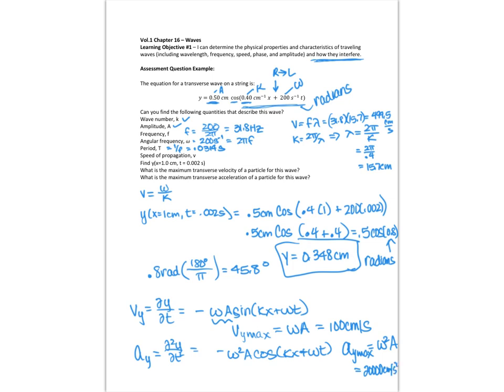Okay, so I tried to kind of put in some of the other types of things we might be asked to find, like the transverse accelerations and velocities. And like I said, this problem doesn't deal with the interference. So those are also possible types of problems that you could run into.